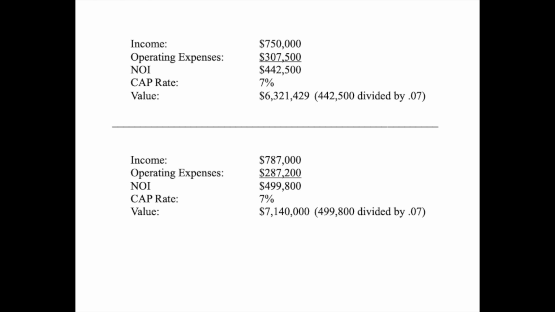Operating expenses $287, because the owner pays more in operating expenses than he probably should. So what they'll tell you is the real NOI is $499,800, and then they may even use a lower cap rate, but at a 7 cap, that would put a 7.140 value on it.